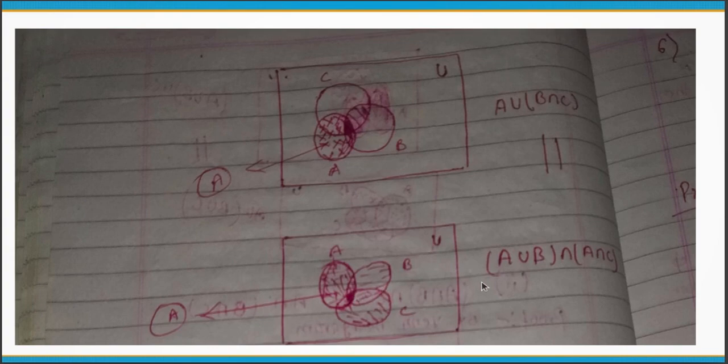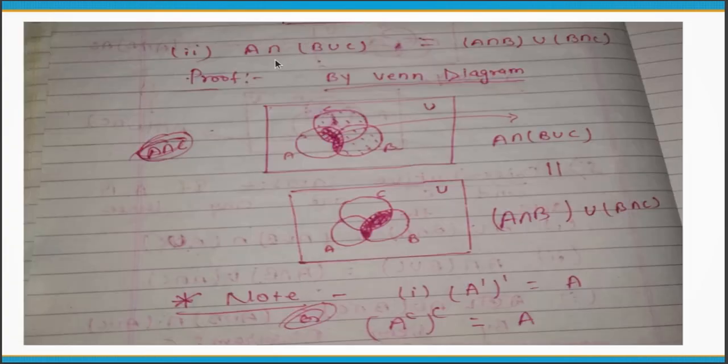This part is the set of elements of this part and this is part B union C. Sorry, A union C, and A union B and A union C. I hope you understand. Now you can prove A intersection B union C, A intersection B union B intersection C.